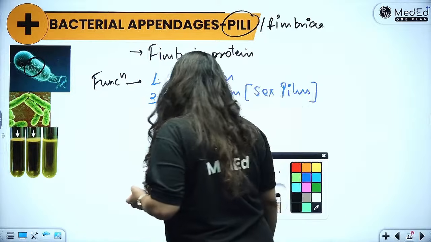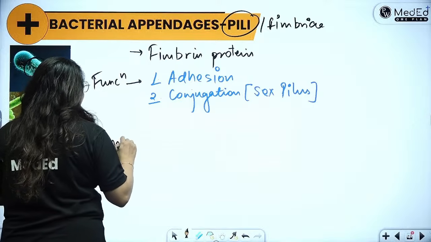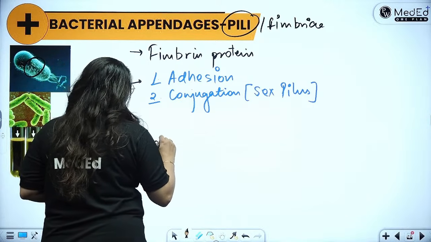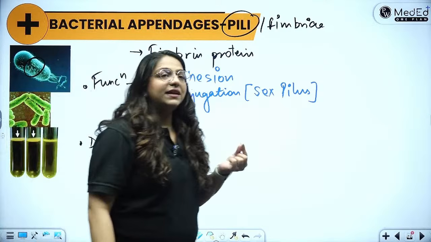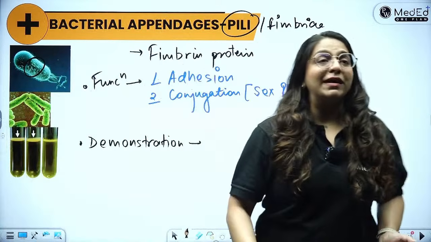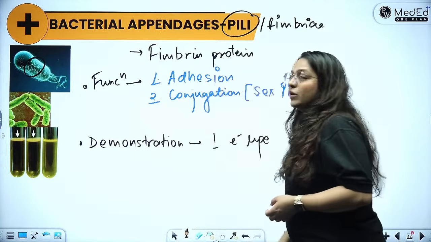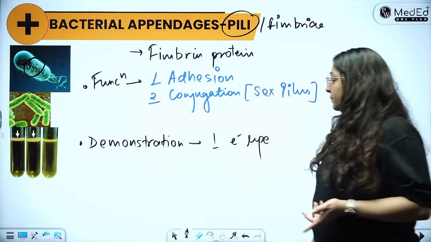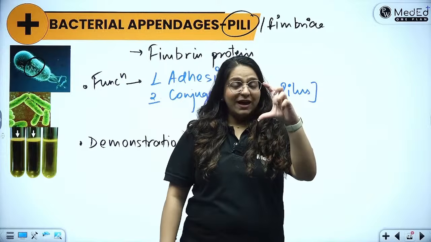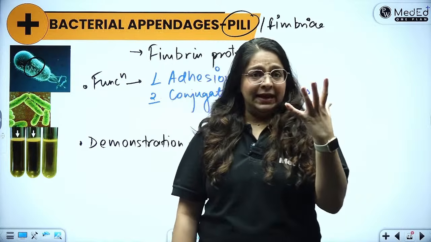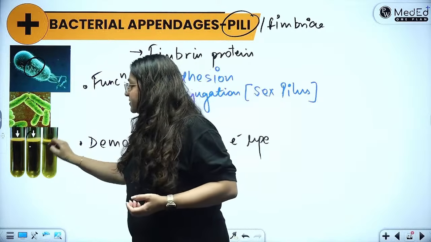Now, demonstration. How are you going to demonstrate in the lab the presence of these pili? Pili are very, very thin. They are in nanometers. These proteins cannot be visualized with a normal microscope, so for this, you need an electron microscope. Either you do electron microscopy and bring about an image, or number two, you look for something called a surface pellicle. If I have a broth in which I have a bacteria which has pili, the pili will keep the bacteria floating on the top surface itself.